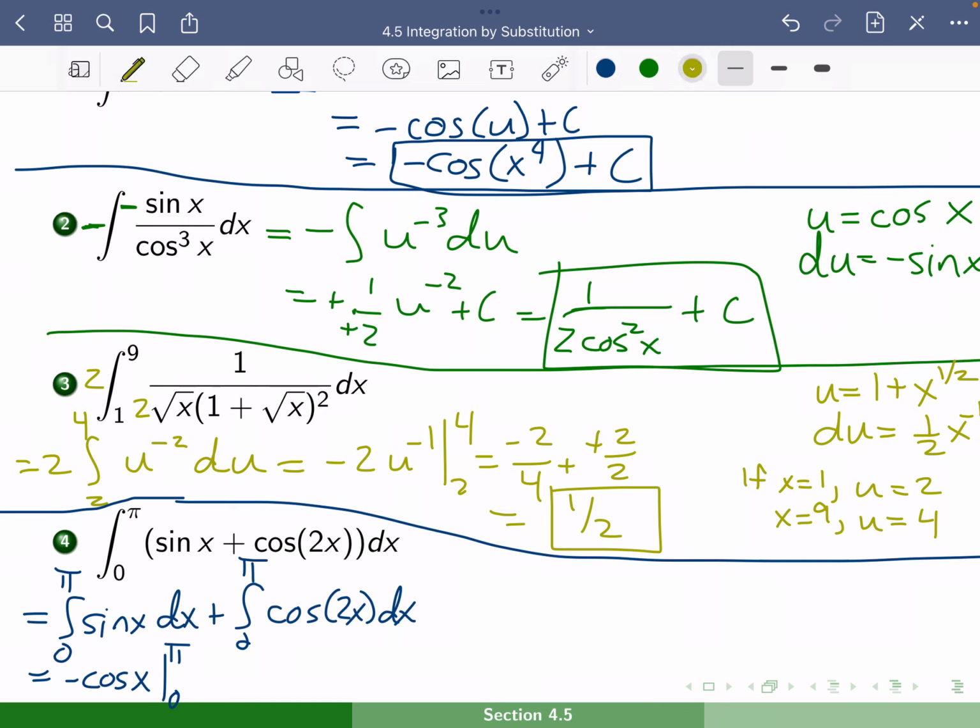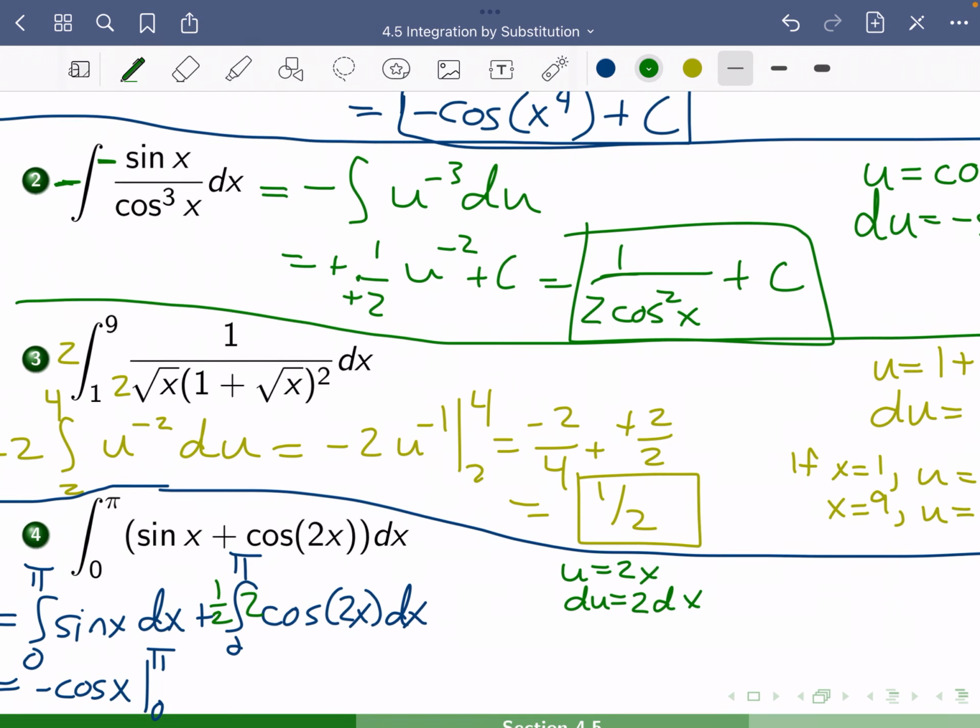Well, on that piece, and that piece alone, we could say u is equal to 2x. So du is 2 dx. So we're just going to tack on a 2 here and a 1/2 out in front.